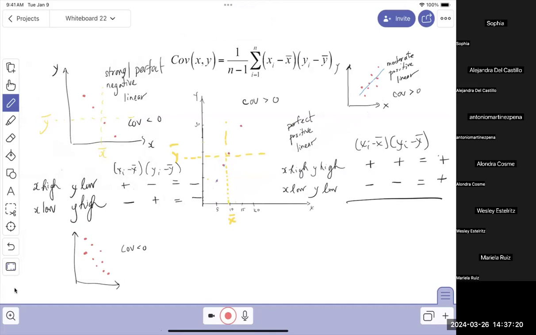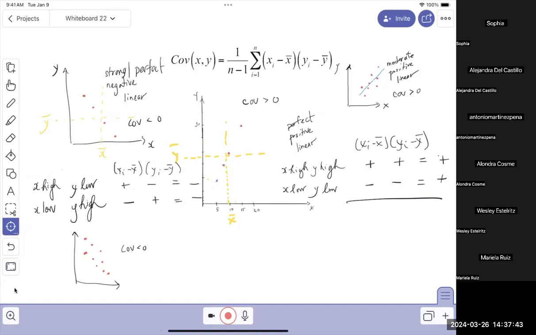Okay, it'll be negative. All right, so we need another measure because covariance is not enough. Excuse me, Professor, is covariance always tied to the direction of the graph? Exactly. The sign of the covariance, the sign. Exactly.